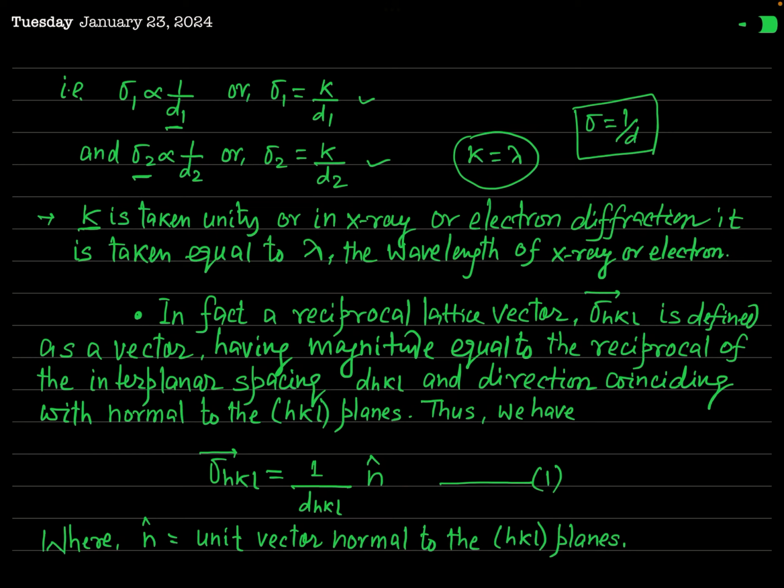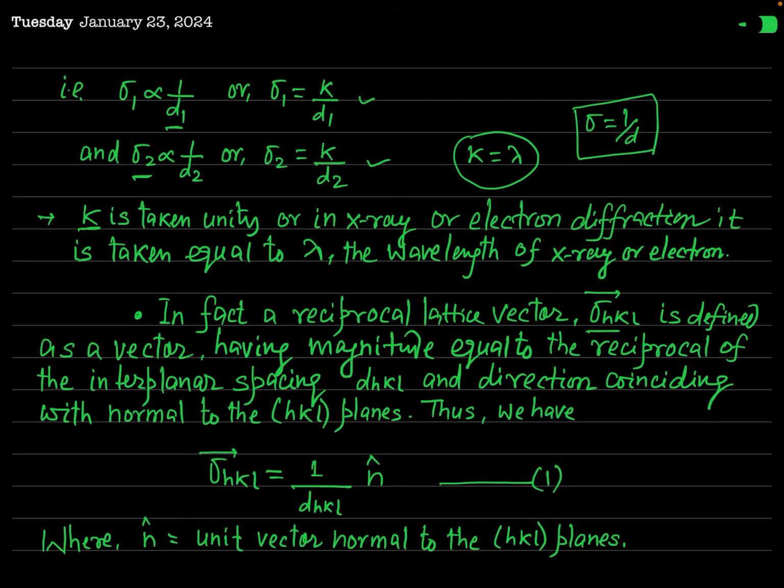Now, in this way, we can define the reciprocal lattice vector, which is denoted by the symbol vector sigma. If you write sigma HKL, it means this is the reciprocal lattice vector, and this will be perpendicular to the plane marked by the Miller indices HKL.